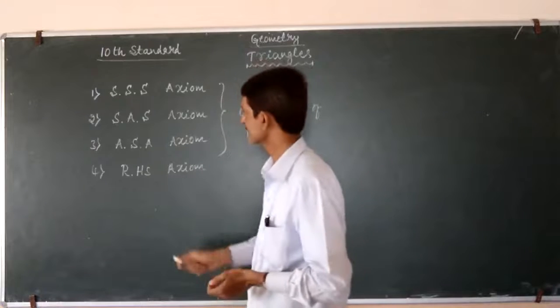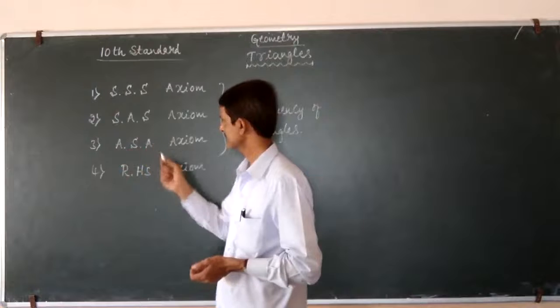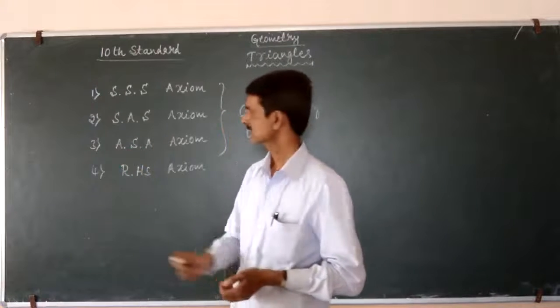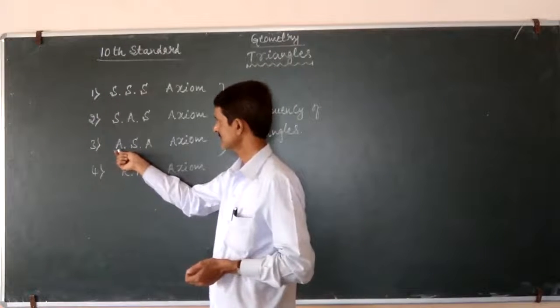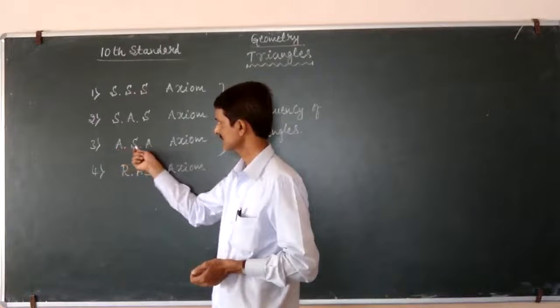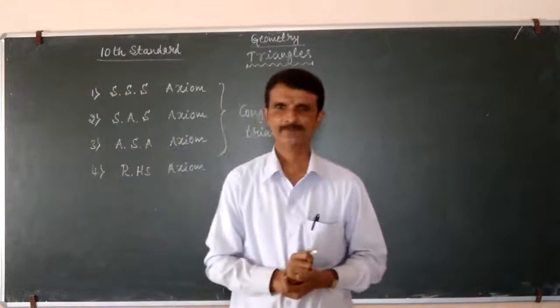So coming to the third axiom, ASA axiom. ASA axiom means angle side angle axiom.